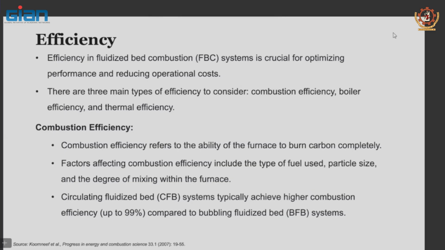As I said, it's very high in a fluidized bed. And then you have the boiler efficiency: how much of that thermal energy you've been able to transfer to the boiler in the form of steam. Again, it depends on heat transfer surfaces.